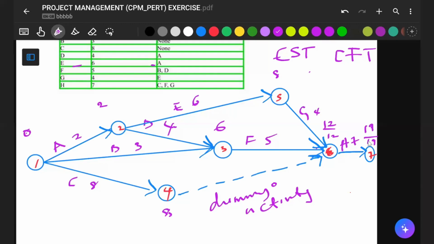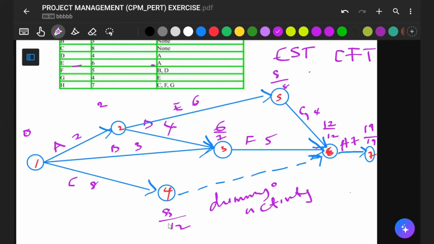So 12 minus 4 gives 8, and again the earliest and latest are the same. 12 minus 5 gives 7. 12 minus 0 gives 12.